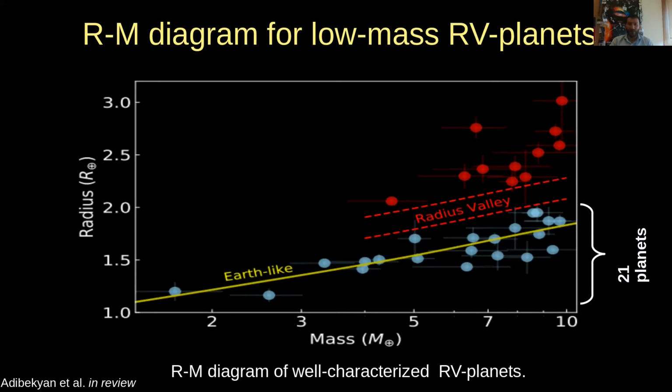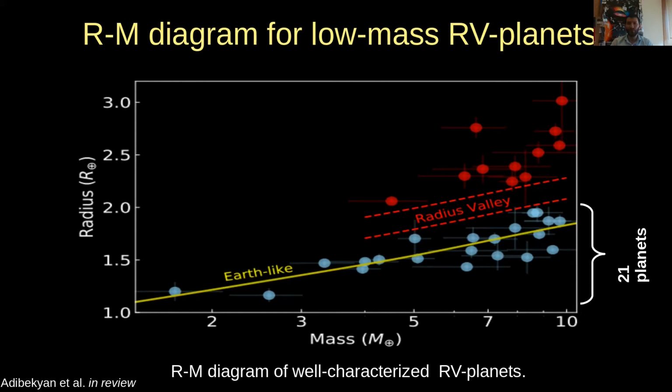You can see that there are two groups of planets: those that are marked in red, and those that are in blue. And there is a gap between the two. This so-called radius valley separates the potentially rocky planets that have smaller radii, and the planets that have larger radii. And this is because these planets most probably have volatile layers, or atmospheres.